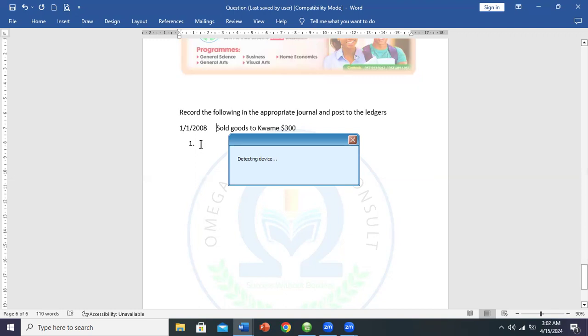Okay. So the next transaction occurred on the 5th of January 2008. Purchased goods on credit from AK, $6,000.